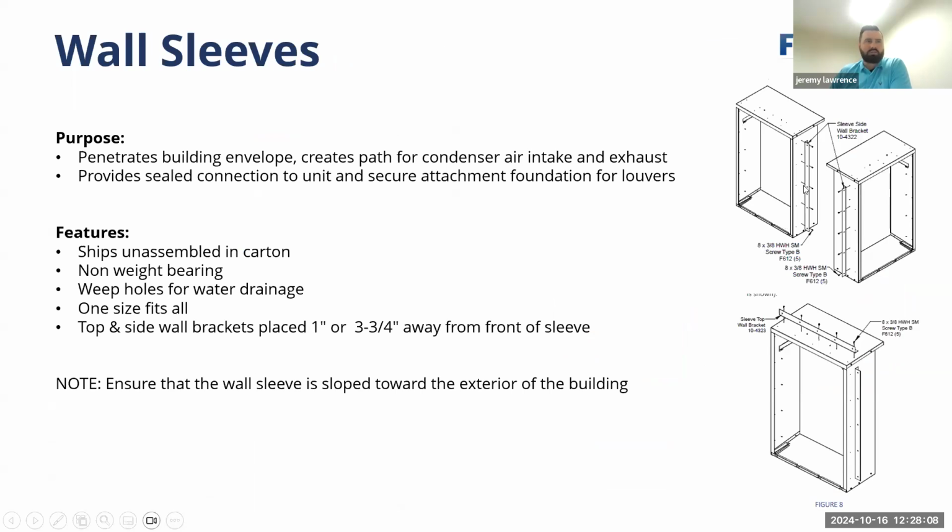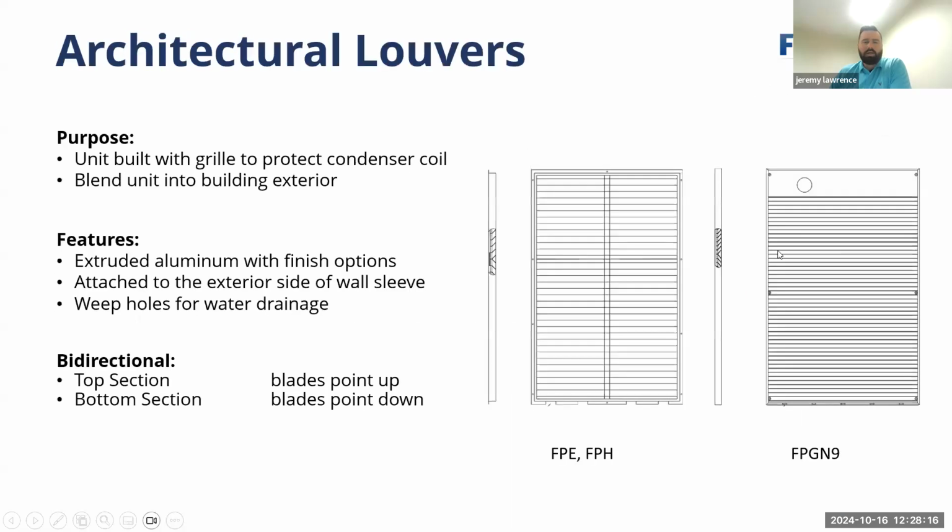It basically just holds the weight of the unit. It doesn't do any of the condensate or weather protection that the Fresh Packs do. And on the high efficiency gas version, the exhaust is actually ported out through the architectural louver. And again, these can be factory painted to whatever Sherwin-Williams color the architect or designer has chosen.